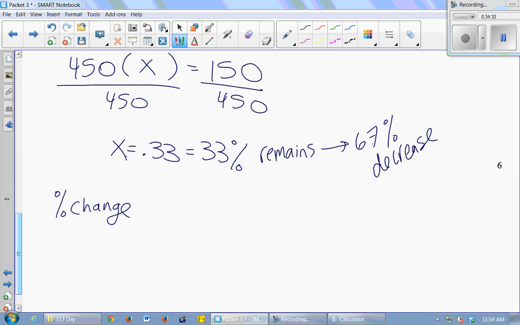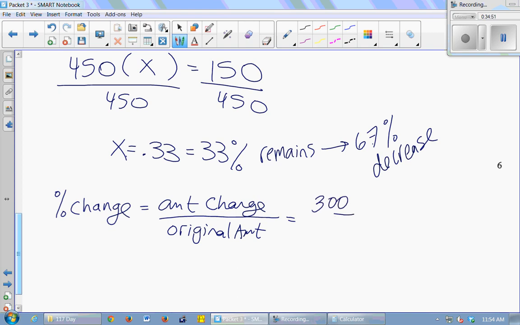So the percent change is equal to the amount of change divided by the original amount, right? So we're always comparing to the amount we started with. We went from 450 to 150, so that's a decrease of 300 crimes, compared to the original amount of 450. That's 0.67 or 67% decrease.